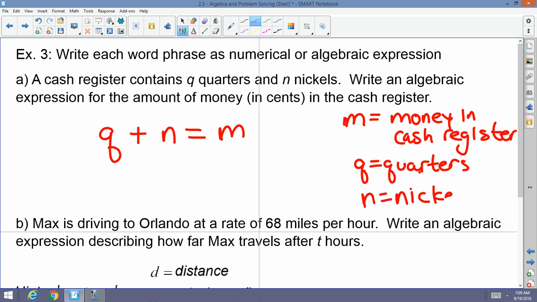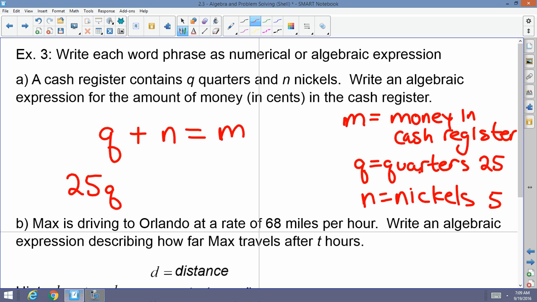But remember that when we're talking about values, we have to put values. So remember that quarters is 25 cents, and nickels are 5 cents. So when we really are looking for this, okay, we've got the number of quarters, 25 cents per quarter.